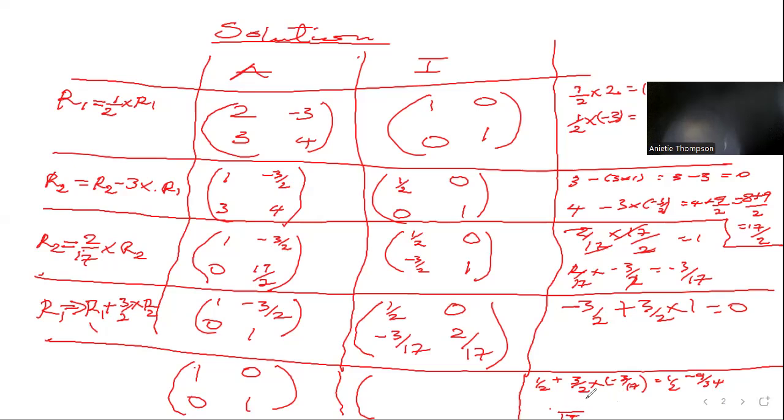Sorry, I'm going to take that up so I can clean that up. All right, so let's also check. You have 1/2 minus what we have there, that is 9/34. All right.